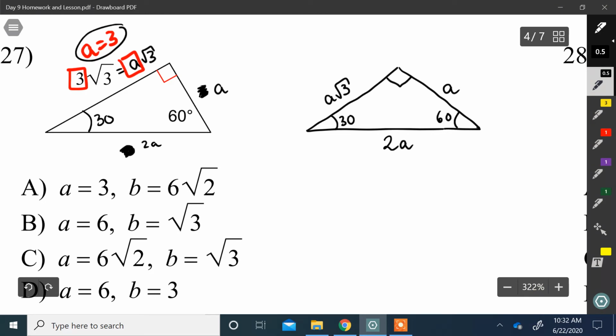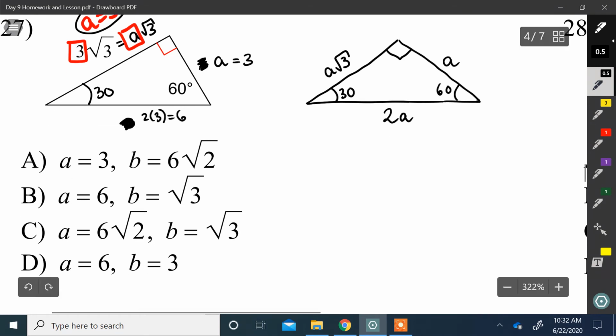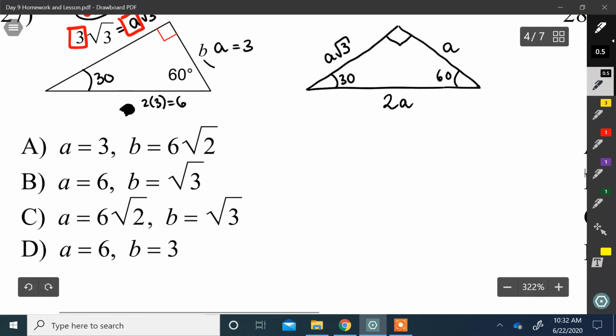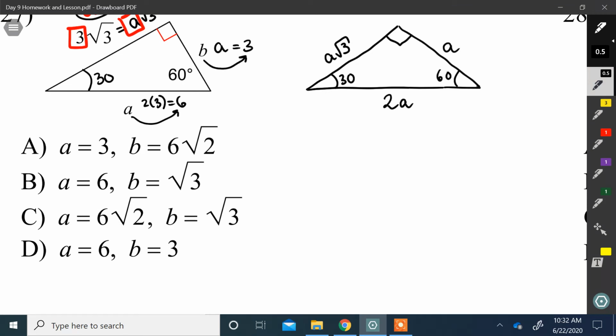A is 3, so this right here will be 3, and this right here, 2A, will be 2 times 3, that is 6. I know the numbers will confuse you, but B is 3 and A is 6. So A is 6, B is 3, so that would be D.